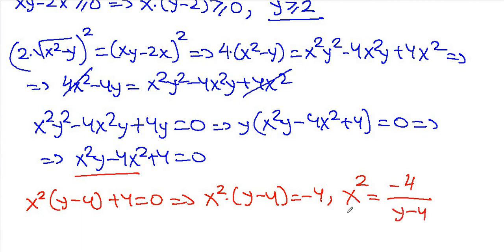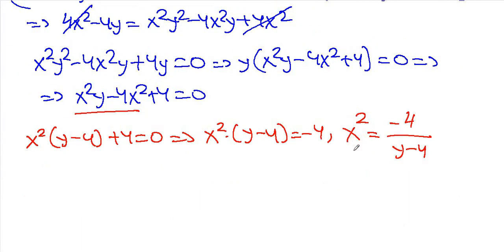So now let's start to analyze the last equation. We see that the left hand side is always positive. So we see that x squared is always positive, which means that minus 4 divided by y minus 4 always must be greater than 0. And we have to identify at what value of y the right hand side will be positive.